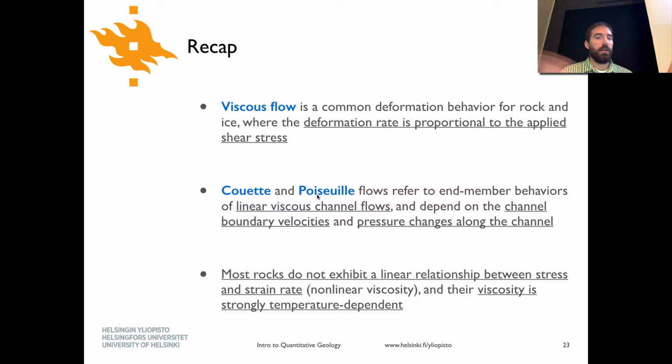Those are the end members, but in natural examples you can observe both behaviors in the same fluid, and the salt tectonics paper on the website might be useful if you're curious about that.